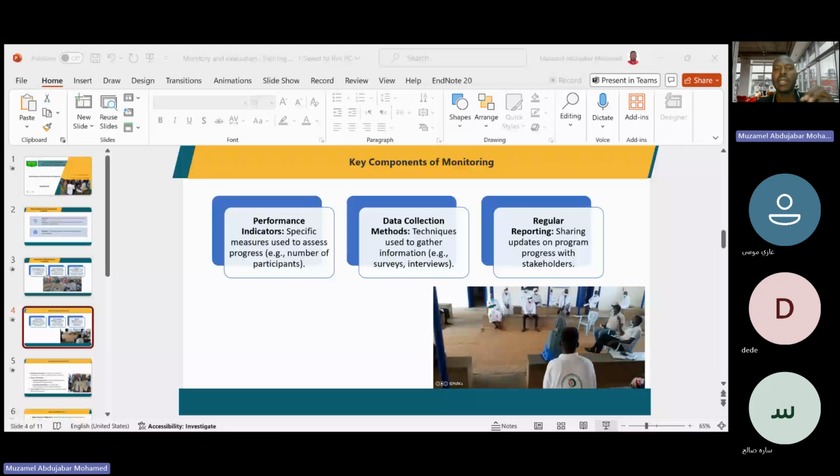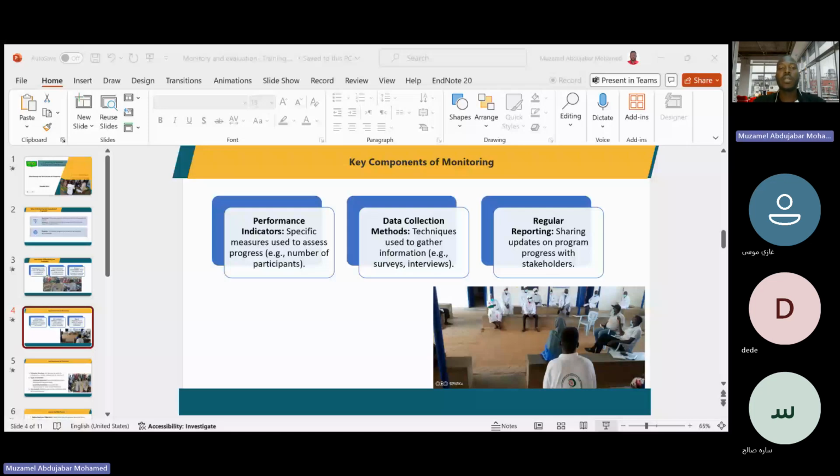With the report, you can track and collect the information. These are the three components of monitoring: first, performance indicators; second, data collection techniques or methods, how you collect your data or information; third, regular reporting about the project.